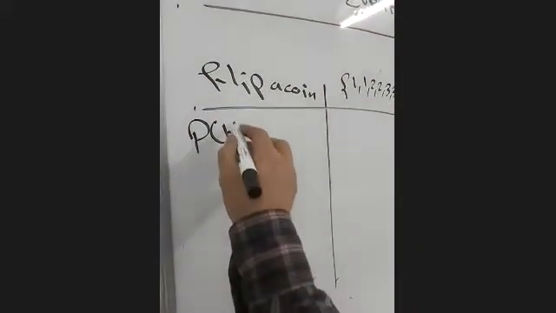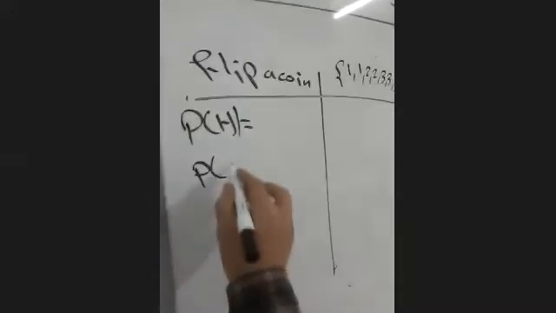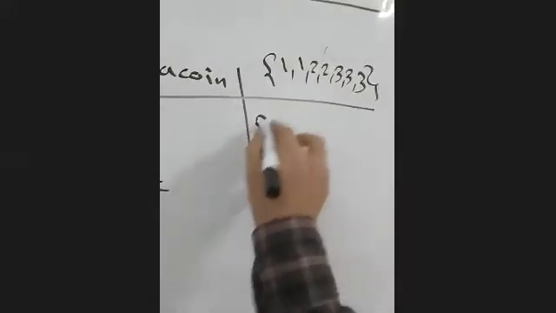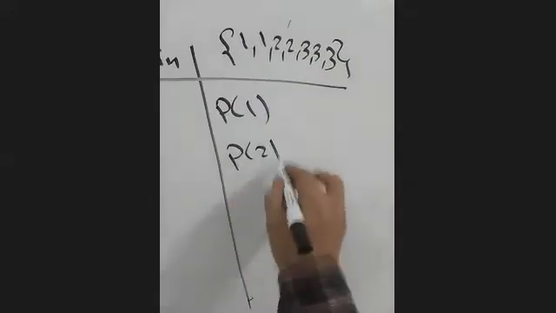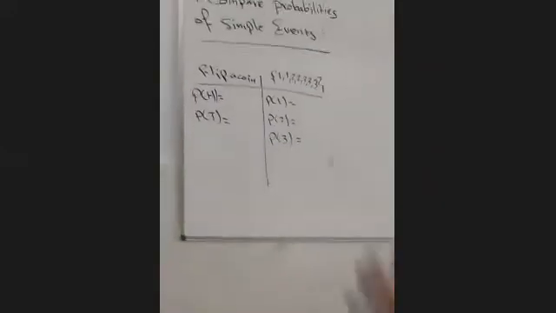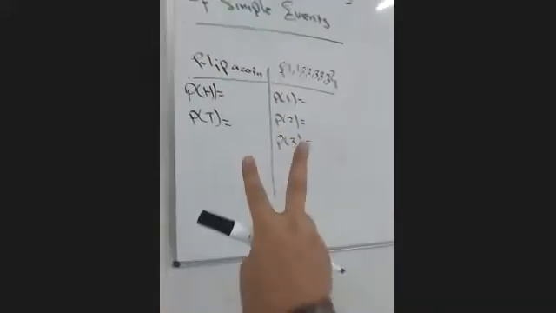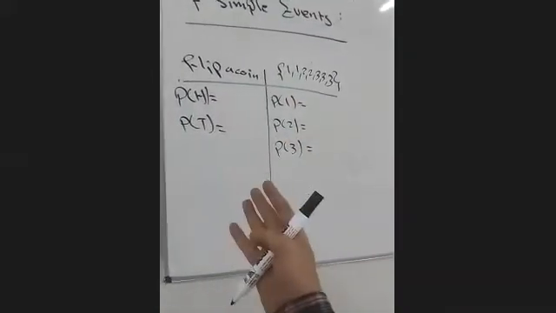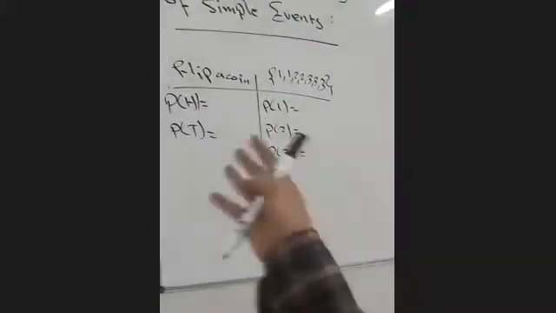Here I want probability of head, probability of tail. Here I want probability of 1, probability of 2, probability of 3. So here we have 2 experiments at the same time, and we want to find probabilities.